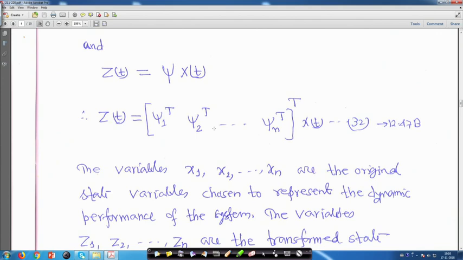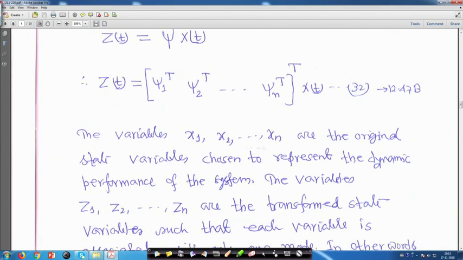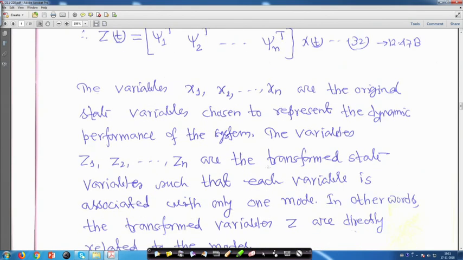Now, the variables x 1, x 2, up to x n are the original state variables chosen to represent the dynamic performance of the system, this we know, and z is the transform variable, right. The variables z1, z2 up to zn are the transform state variables, such that each variable is associated with only one mode.